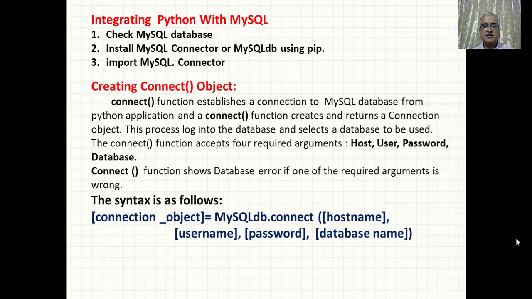When we execute this connect function, it returns a connection object, and this connection object is used to create the cursor object, and the syntax is as follows: connection object is equal to MySQLdb.connect in the bracket host name, username, password and database name.